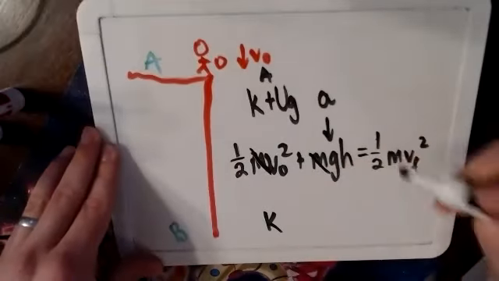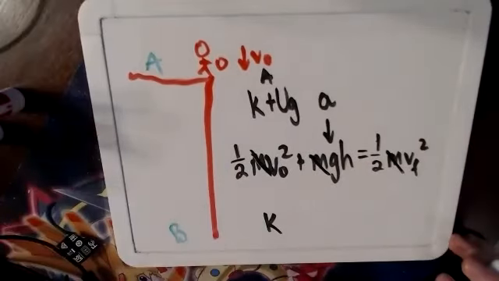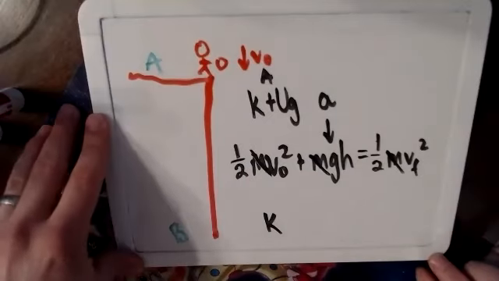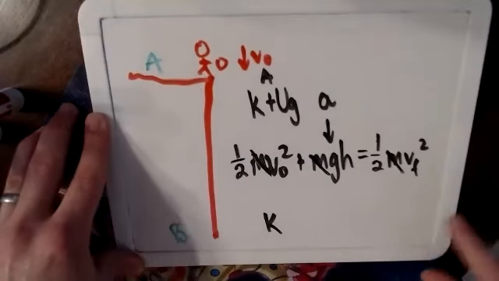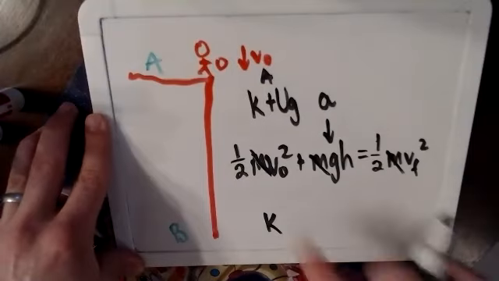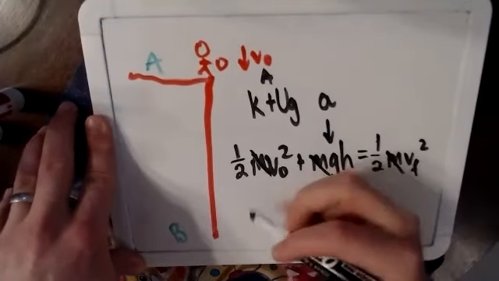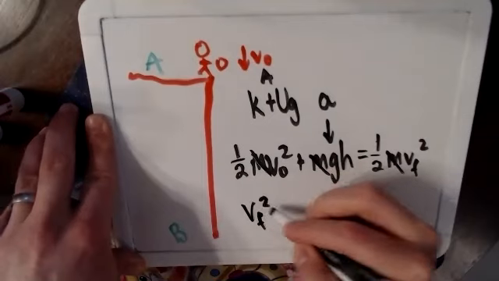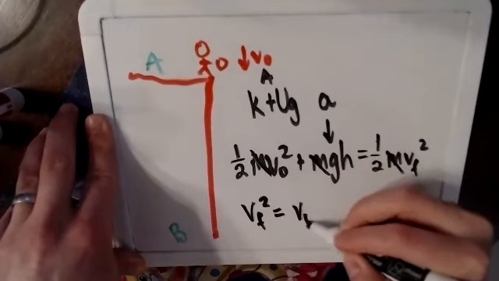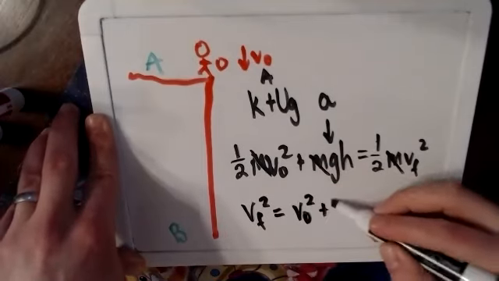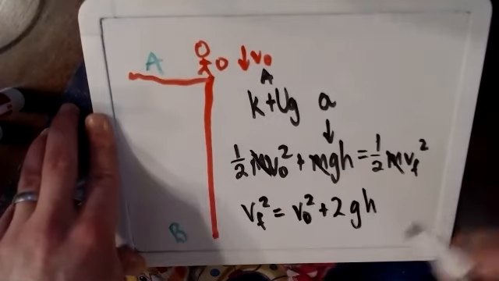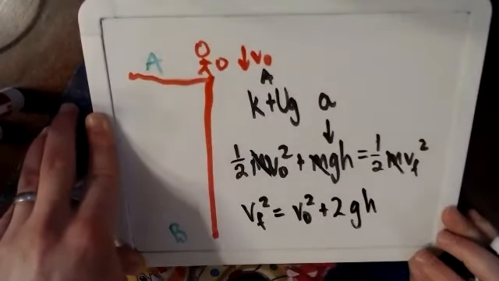For our system, we can eliminate the mass from it. We divide both sides by m or whatever. It reduces to 1. And then we algebraically solve for Vf. When I do that, I get Vf squared equals V0 squared plus 2gh by multiplying both sides by 2.